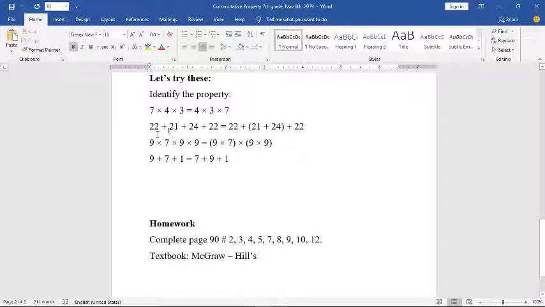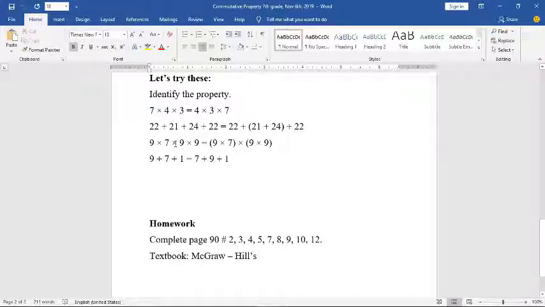Let's see the second one. I have 22 plus 21 plus 24 plus 22 equals 22 plus. Here, I group those two addends. I group two addends here. I can say it's the associative property of addition. Of course it is. Nice answer.